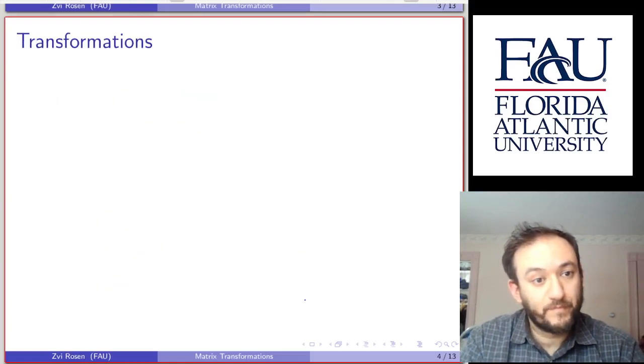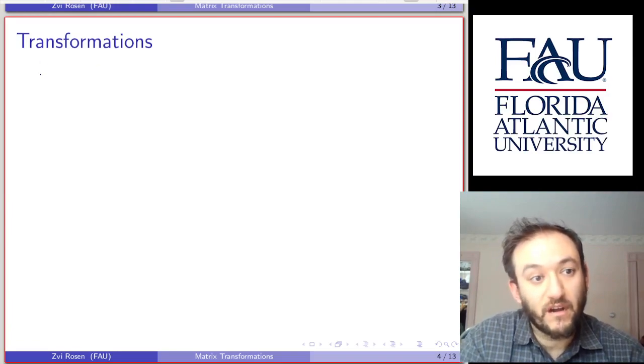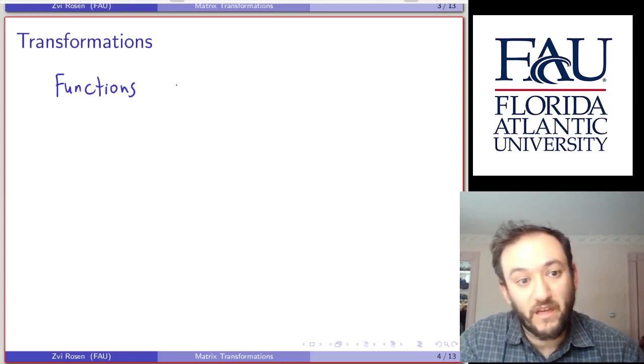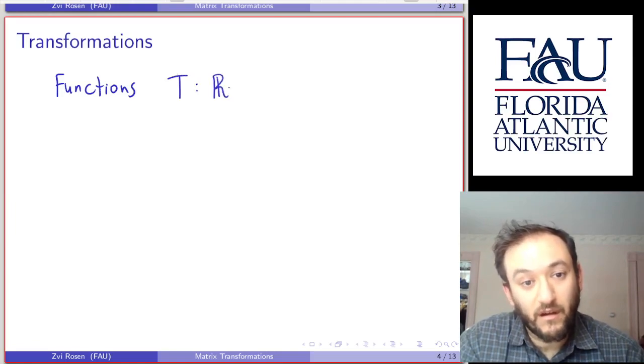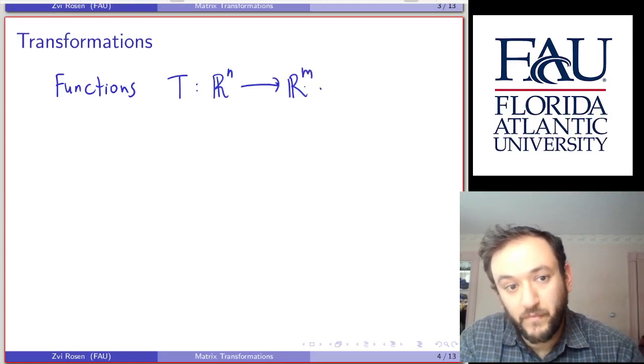Okay. Now let's talk about transformations. So transformations are functions from one vector space to another. So T mapping Rn to Rm. Okay?